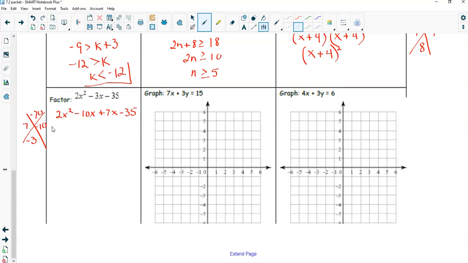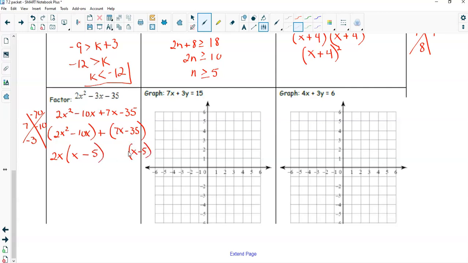Now I group. That means I have 2x squared minus 10x plus 7x minus 35. Greatest common factor is 2x. I have x minus 5. I put x minus 5 again.